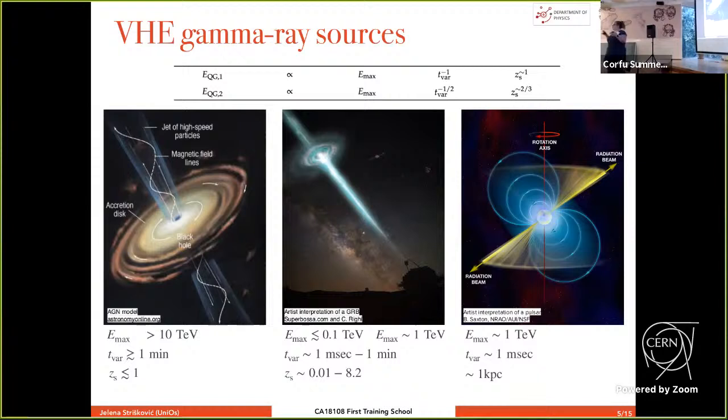Namely, the most energetic photons, which would be affected mostly by the LIV, would be absorbed in different background radiation fields. So we have a smaller probability of detecting higher energetic photons. And then we have this time variability. Namely, on the previous slide, I started the sentence with two simultaneously emitted photons.